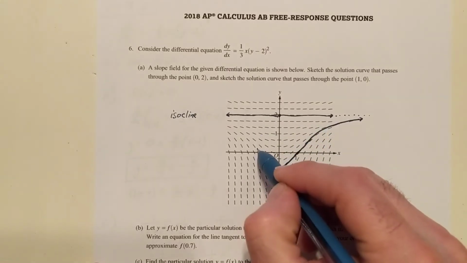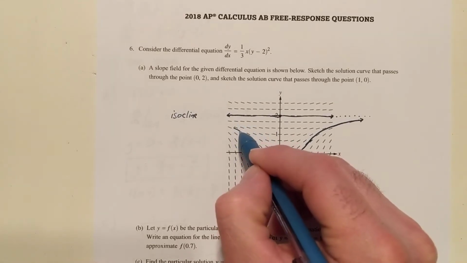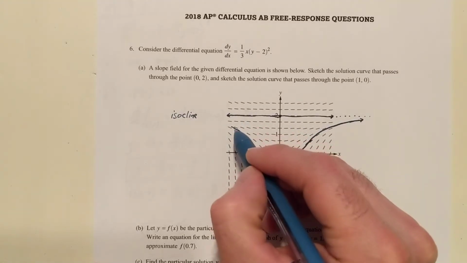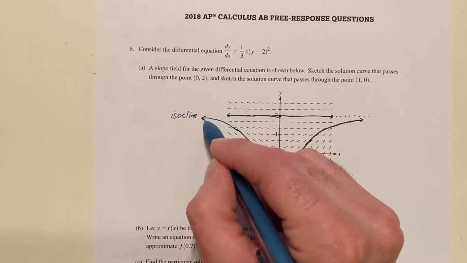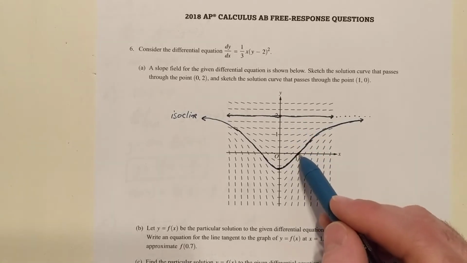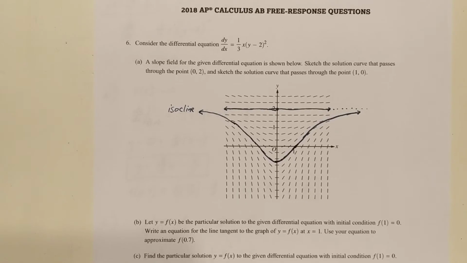And now we start to see the exact same thing happening over here on the left that we saw on the right: it continues to increase, moving from right to left, but with that isocline, it again is acting as a horizontal asymptote. Our solution curve there is going to be much more interesting than the initial one passing through (0, 2), and this one through (1, 0) is going to look like that. Okay, so that's it for part A.